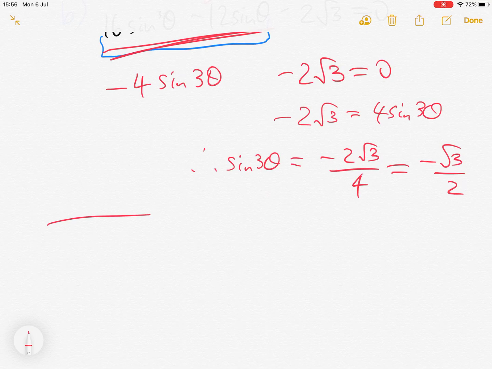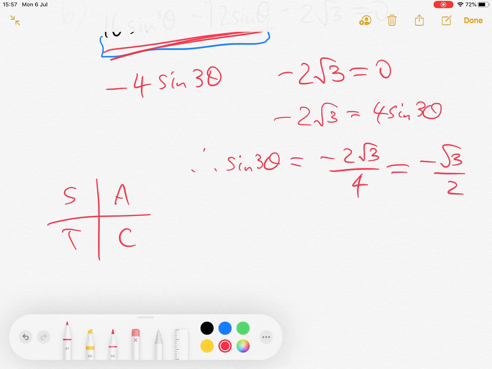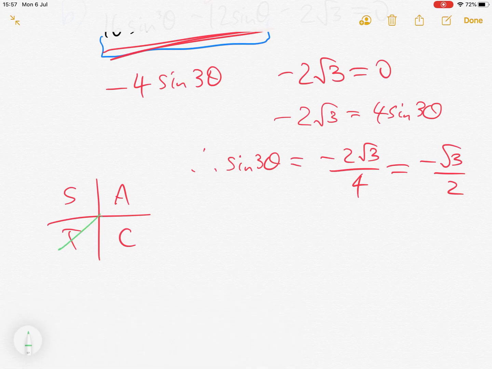So sine 3 theta is negative. So our solutions for 3 theta are going to be in the T and C quadrants. If we do sine inverse of minus root 3 over 2, the calculator will give minus pi by 3. But what we want to do is then find the solutions between 0 and 2 pi.